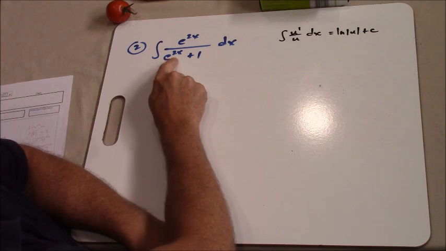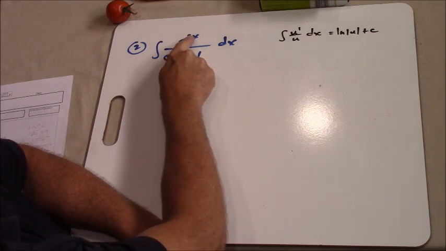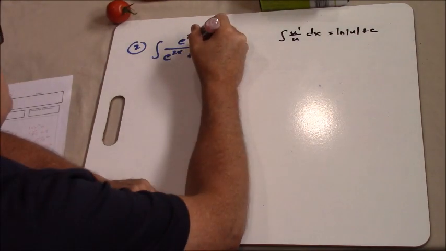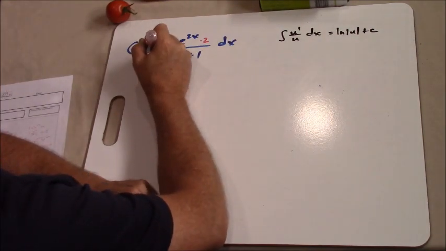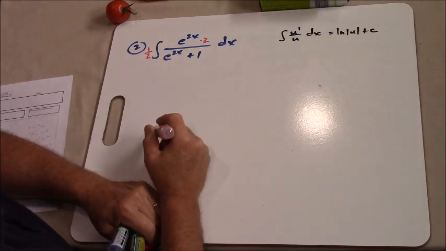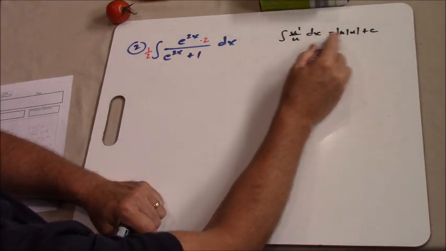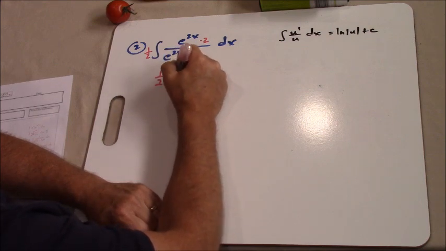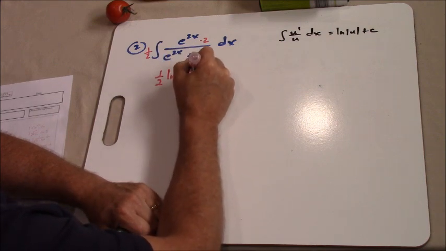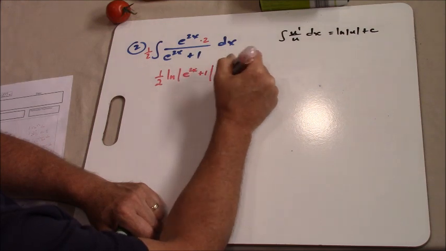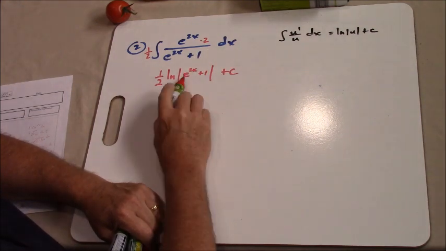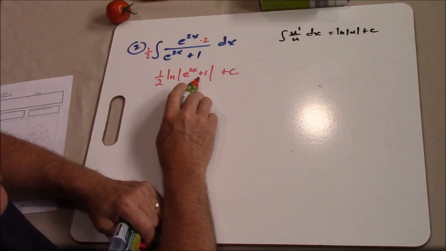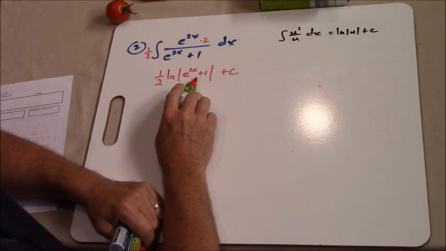The derivative of e to the 2x is e to the 2x times the derivative of the exponent, so I need to see a 2 up here, and then it's just the natural log of whatever's in the denominator. So 1/2 natural log absolute value of e to the 2x plus 1, plus c. And I believe this is positive no matter what, so if we had left our absolute value signs off, we would still get that correct.